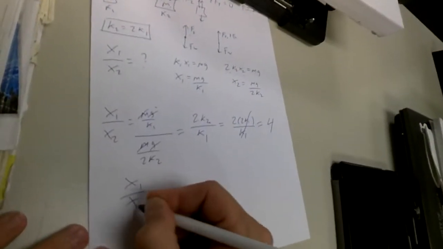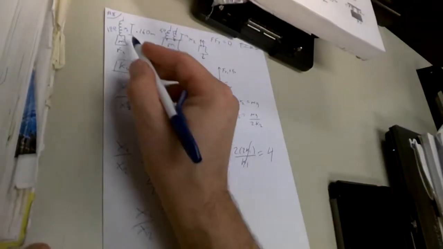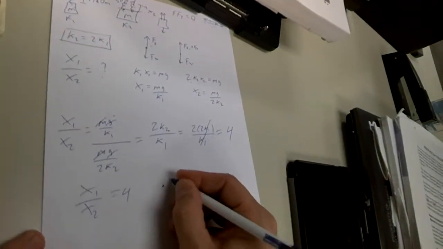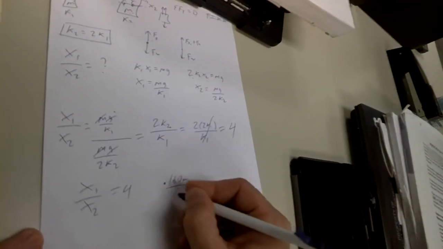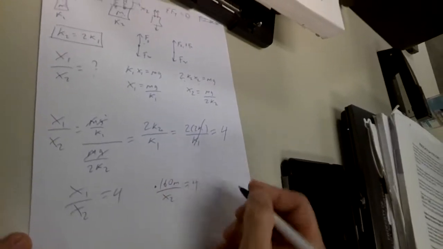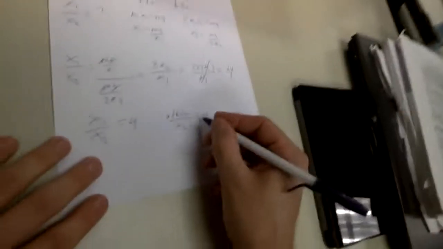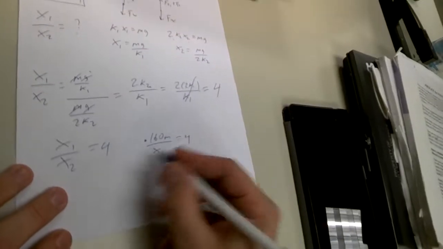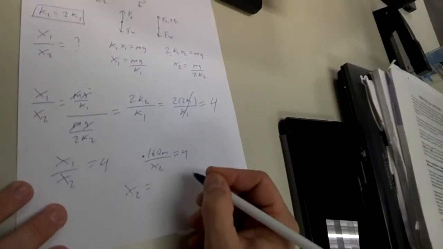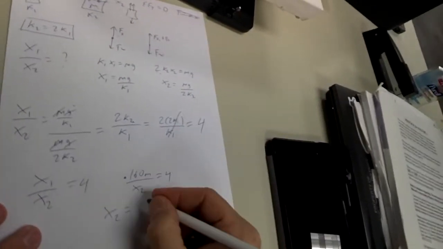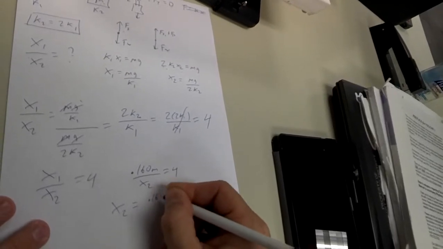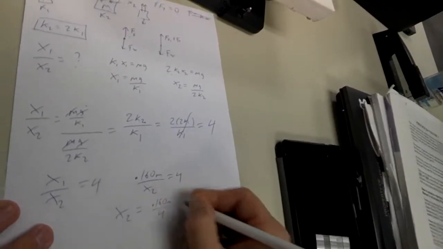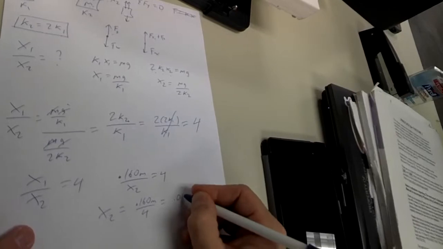So it's going to change by a factor of 4. So x1 over x2 equals 4. We have our value of x1 given in the problem, 0.160 meters, over x2 equals 4. So cross multiply: 4x2 equals that, or x2 equals 0.160 meters divided by 4. We're going to get 0.04 meters.